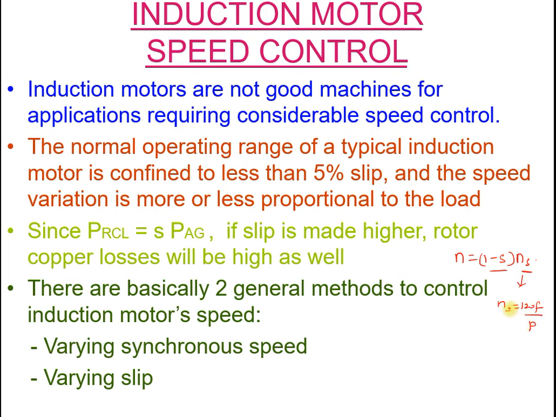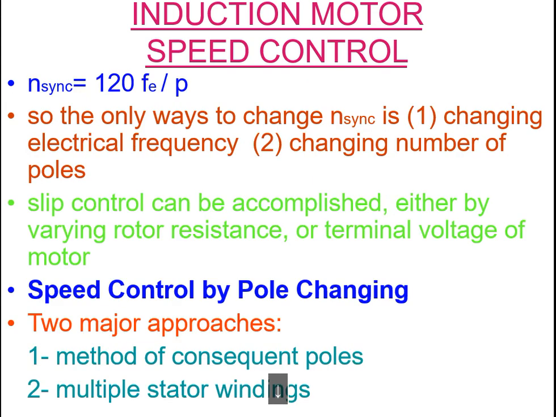In order to vary the synchronous speed, we vary the frequency or we vary the poles of the machine. Slip can be controlled either by varying the rotor resistance or the terminal voltage of the motor.